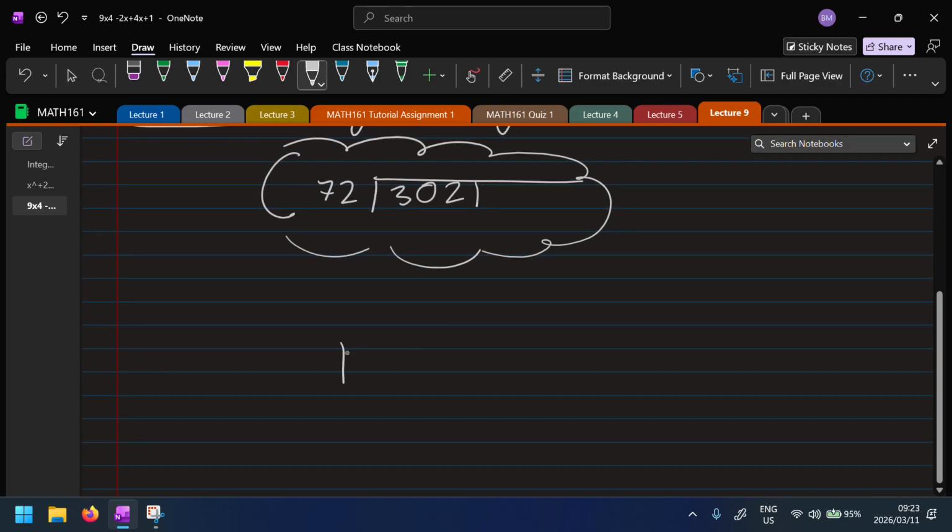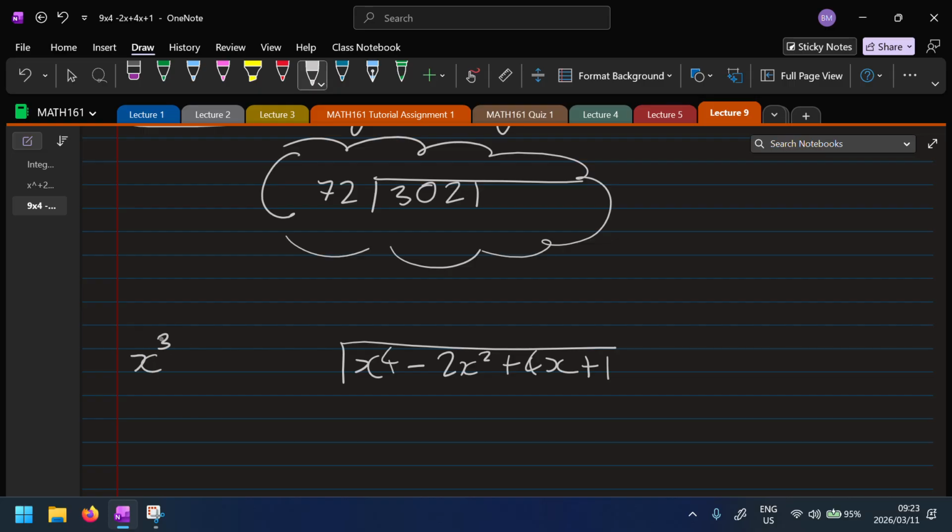So let's do that. We set it out exactly the same here. So we're going to have x to the 4 minus 2x squared plus 4x plus 1 divided by x cubed minus x squared minus x plus 1. Right?